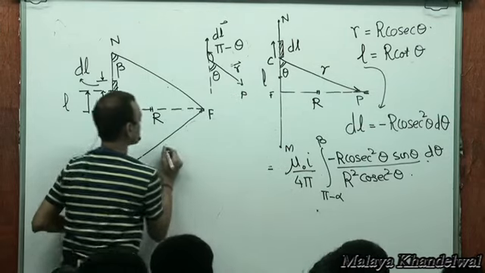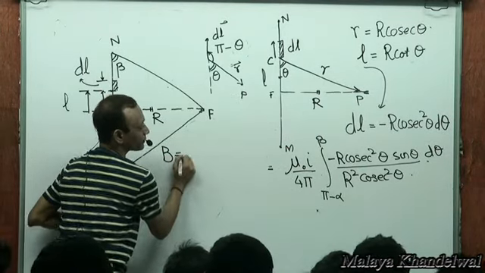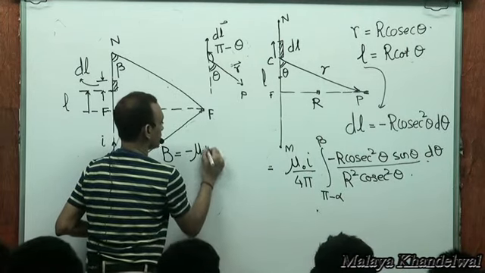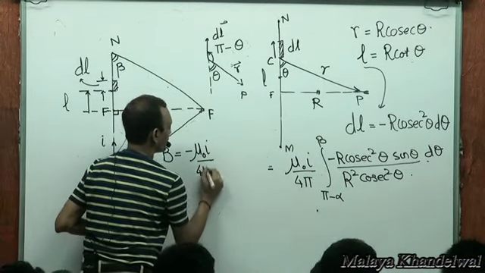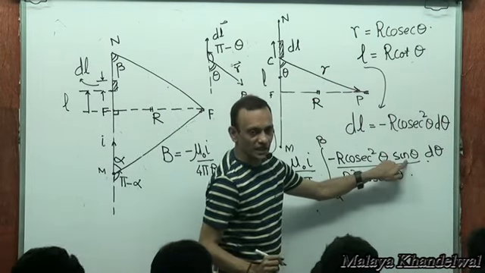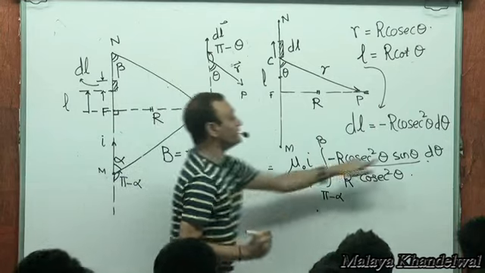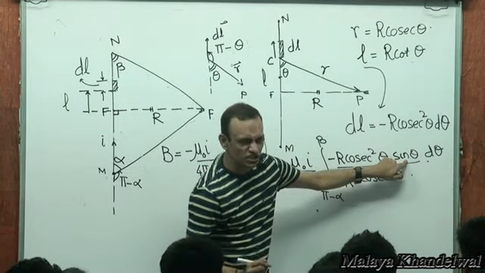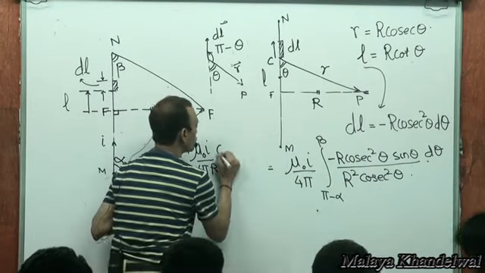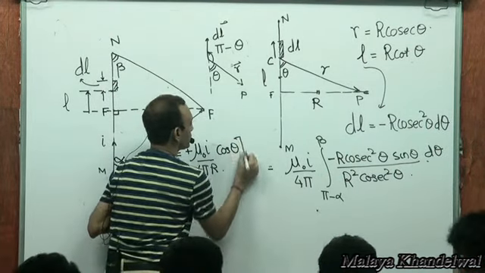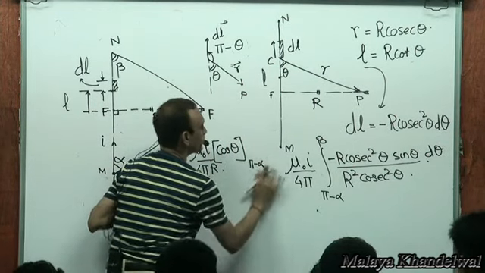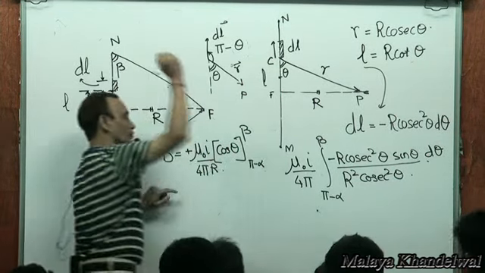So the B would become minus mu naught I by 4 pi R integral sine theta d theta. But integral sine theta would be minus cos theta, so this will become plus. So that's going to be cos theta, where theta runs from pi minus alpha to beta.